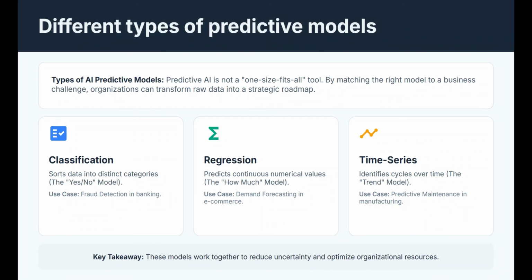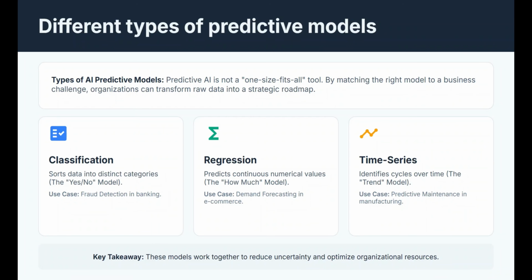By matching the right model to the right business challenge, organizations can transform raw data into a strategic roadmap, shifting from reactive troubleshooting to proactive leadership. Now, onto the classifications of predictive models.